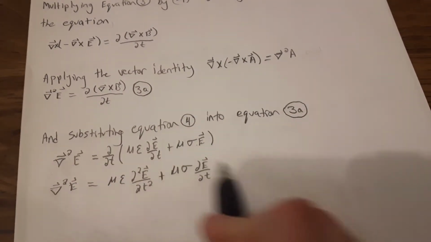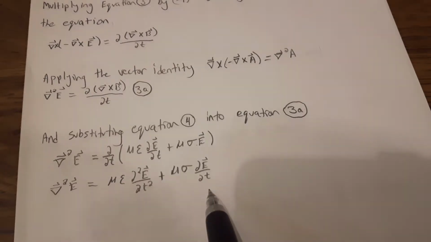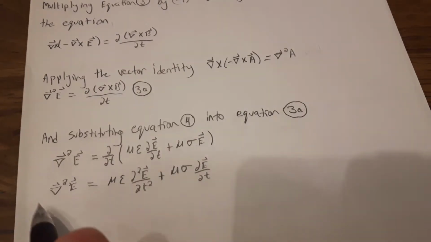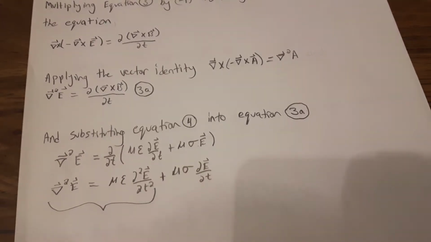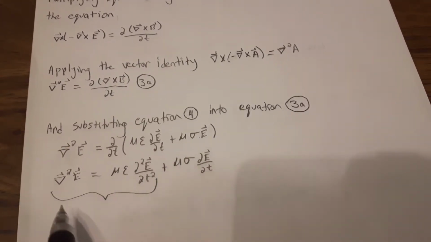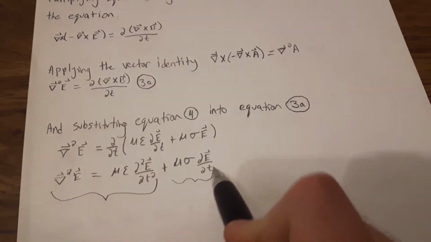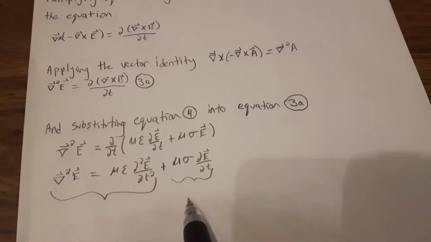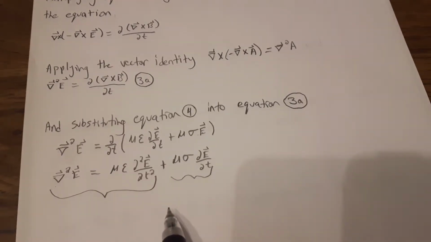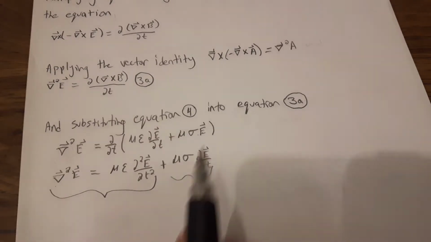Now this is our new wave equation. You'll notice that this is actually the wave equation that we had for simple media, where this is now a new term that we call a damping term. And now we would like to obtain a solution to this equation.